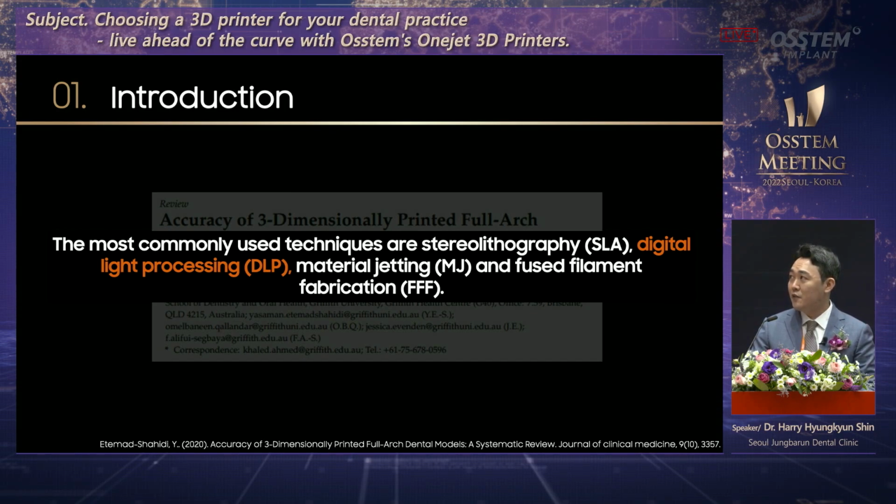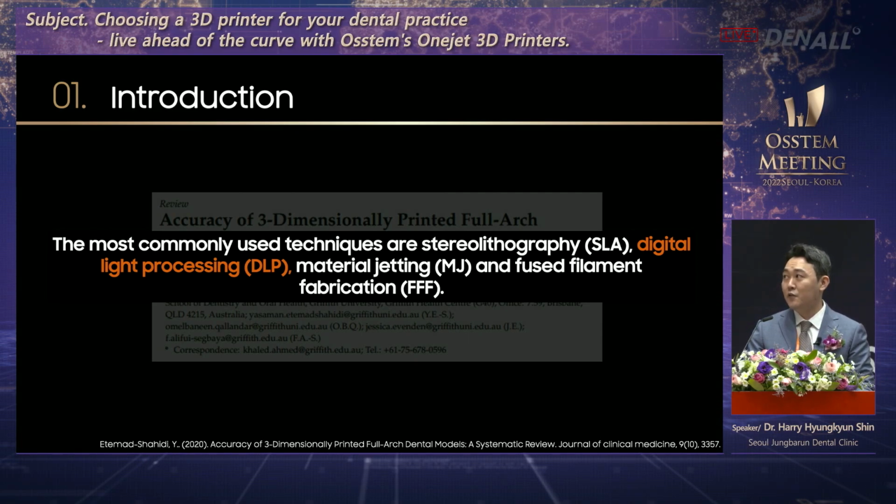Depending on the light source, if a laser is used, it is SLA, and if a projector light is used, it is DLP. Material jetting is used in OneGuide, and there is fused filament fabrication, FFF. These are primarily used in the dental area.